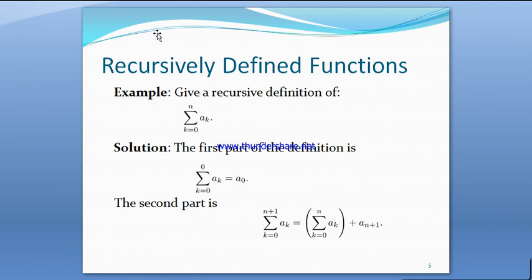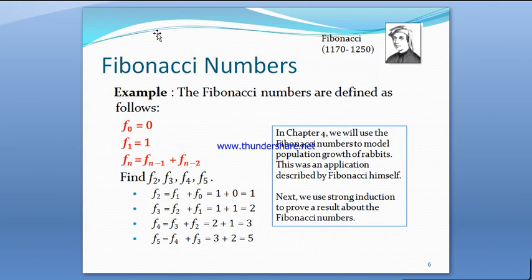Let the second part, the recursive rule, be defined as sigma ak for k equal to 0 to n plus 1 equal to sigma ak for k equal to 0 to n plus a n plus 1. So these two complete the definition. Using this second part, we can define any new summation. So this is the completion of the recursive definition of the given sum.